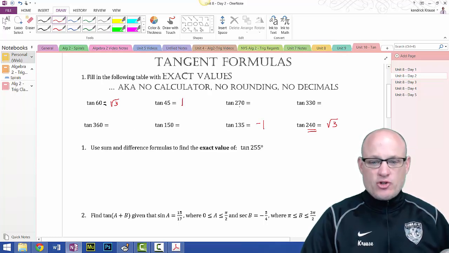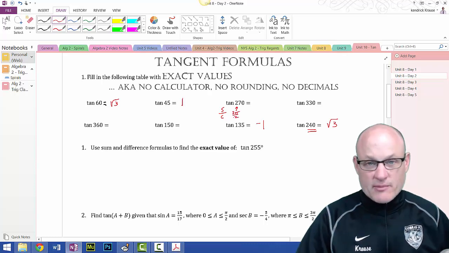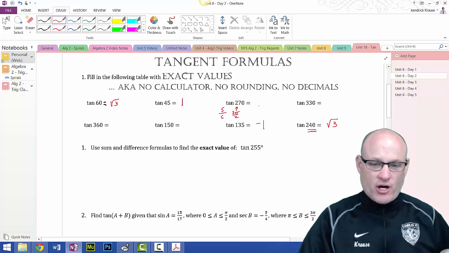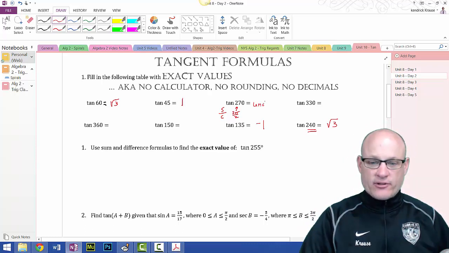All right. 270. That one's tough. Remember, it's sine over cosine. We talked about this yesterday. This is the same as 3 pi over 2. We also talked about all the odd pi over 2s are undefined for tangent.